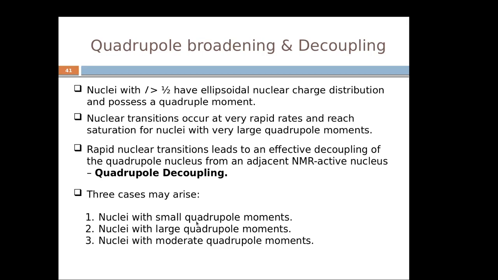In order to understand this process, we are going to consider three cases: a quadrupole nucleus with a small quadrupole moment, then a quadrupole nucleus with a large quadrupole moment. We are considering the two extremes, and we are also going to consider somewhere in between, a nucleus with a moderate quadrupole moment. So first of all, let's take the nucleus with a small quadrupole moment.